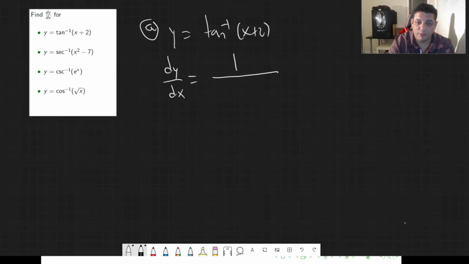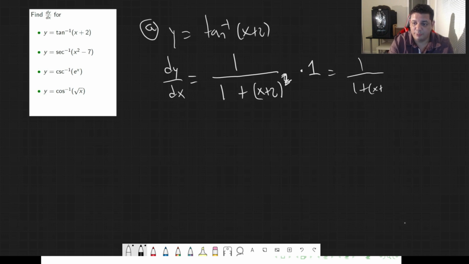So this is going to be 1 over 1 plus something squared, and that something is going to be x plus 2, so (x plus 2) squared. And then we're going to use the chain rule for the x plus 2. Fortunately, there's just going to be 1, so this is just going to be 1 over 1 plus (x plus 2) squared. So that's a very simple derivative.